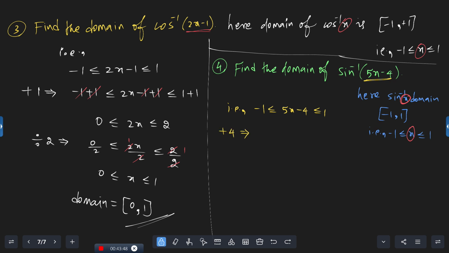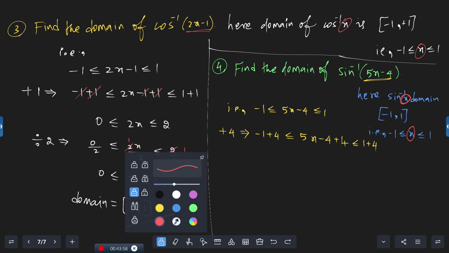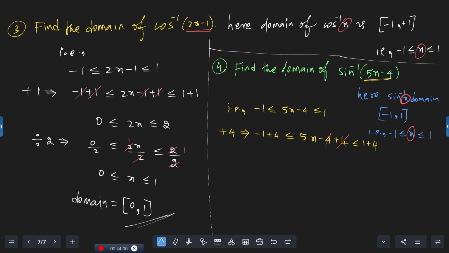So when I add: minus 1 plus 4 less than or equal to 5x minus 4 plus 4 less than or equal to 1 plus 4. Now you can cancel: plus 4 minus 4 cancel. I am getting 3 less than or equal to 5x less than or equal to 5.